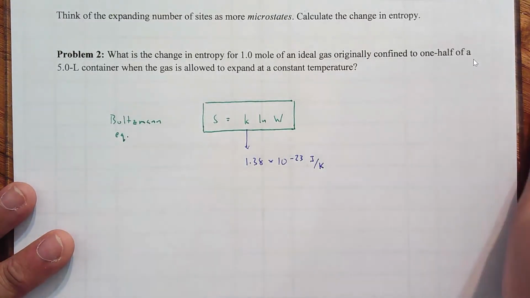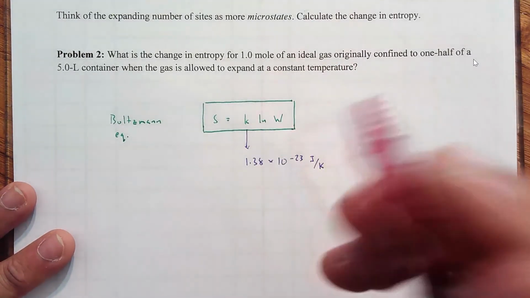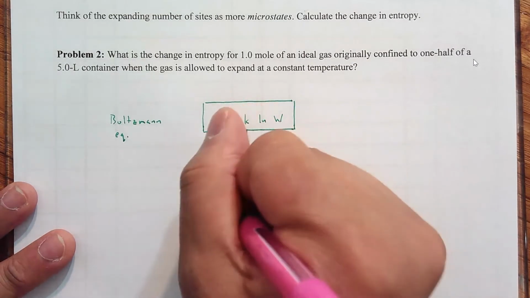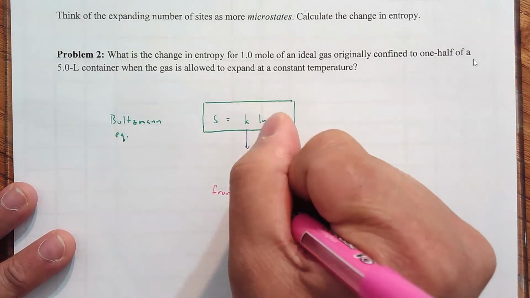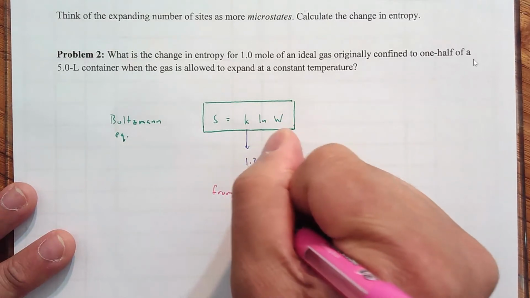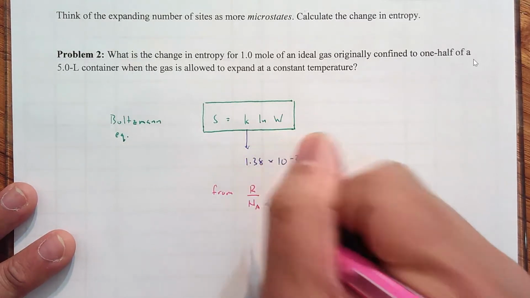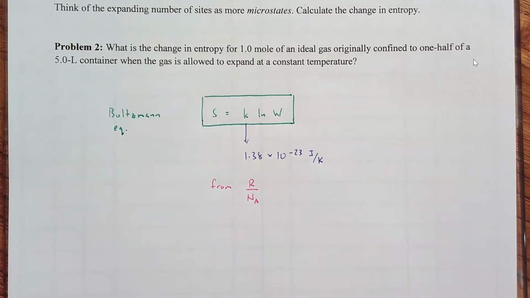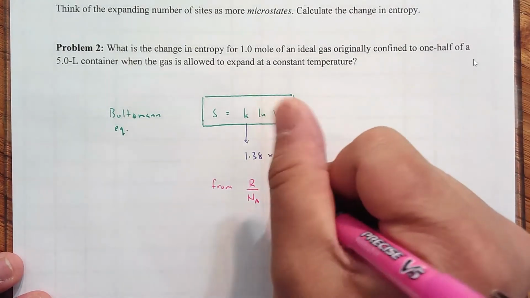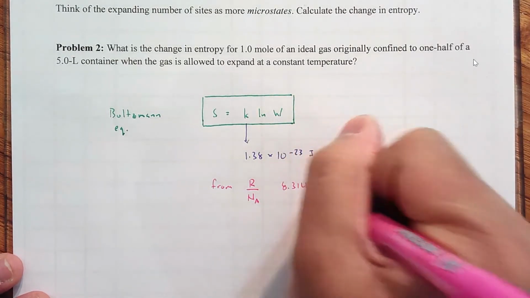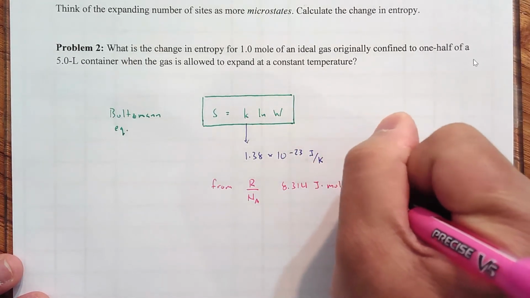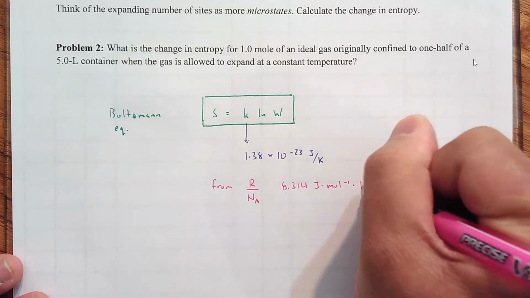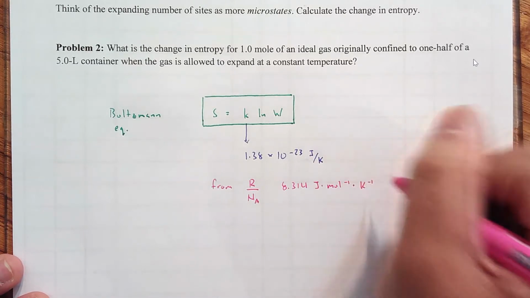But what I did not tell you is that this comes from the R, gas constant, divided by Avogadro's number. That might have been very good to know previously. R is 8.314 joules mole minus 1 K minus 1.